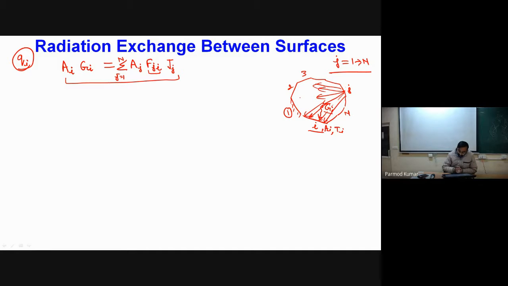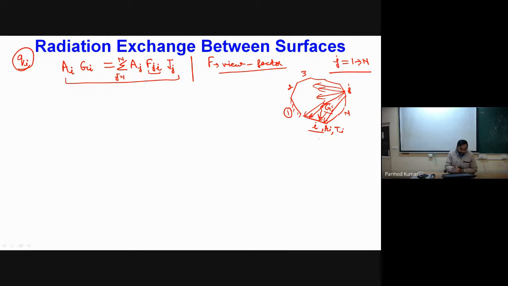So what we have seen in our earlier lectures is that we have a parameter F, which is called the view factor or shape factor or geometrical factor. This view factor basically tells us the fraction of radiation leaving surface j and falling on surface i, divided by the total radiation leaving surface j.